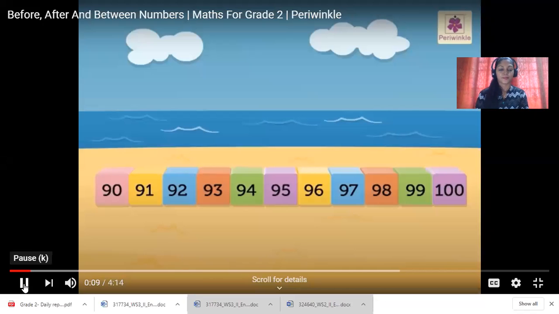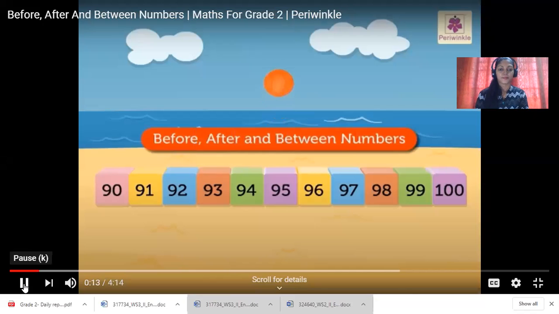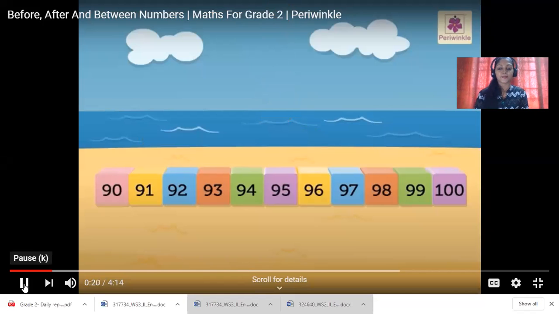Today, let us play with a ball and revise before, after and between numbers. Do you remember what we mean by before numbers? When we count backward from a given number, we get the numbers before.